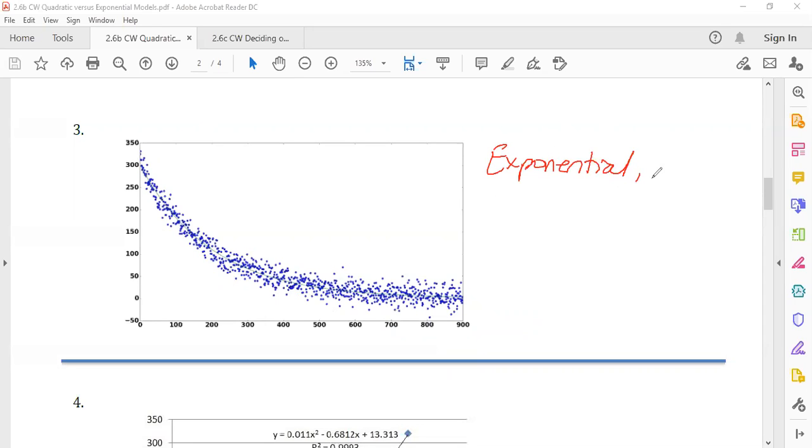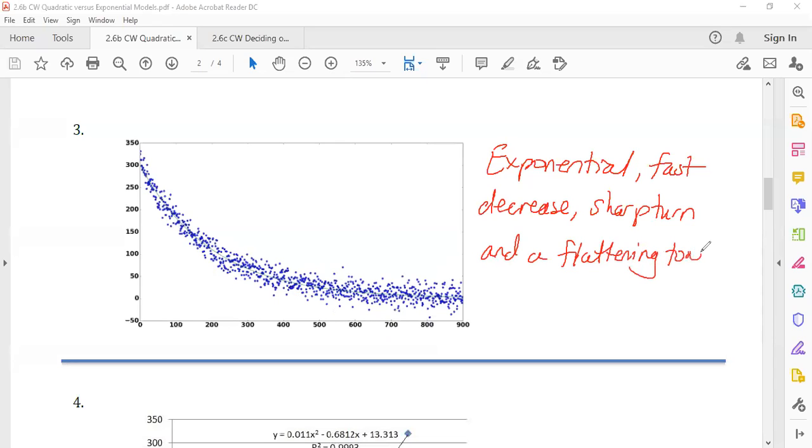Okay, we had a very fast decrease, sharp turn, and a flattening toward an asymptote. Okay. All right. So that would be that one.